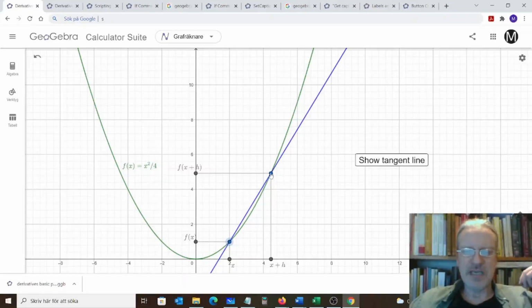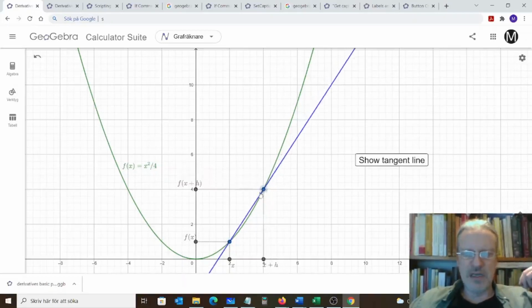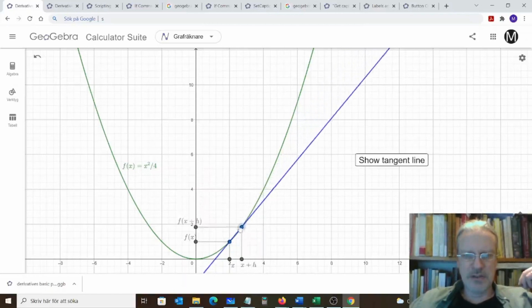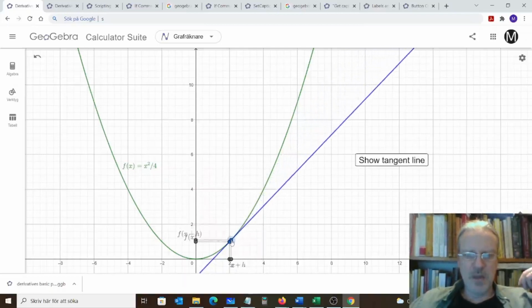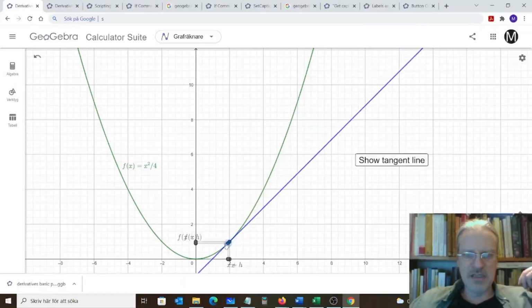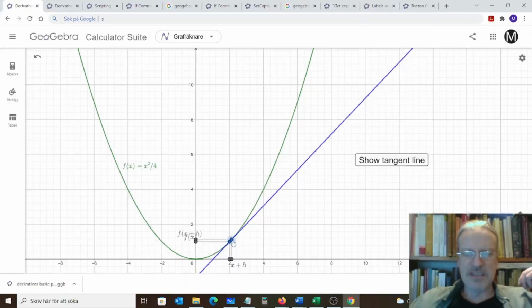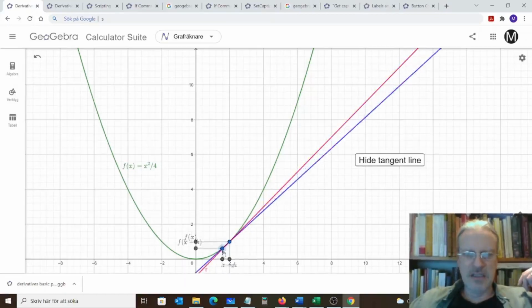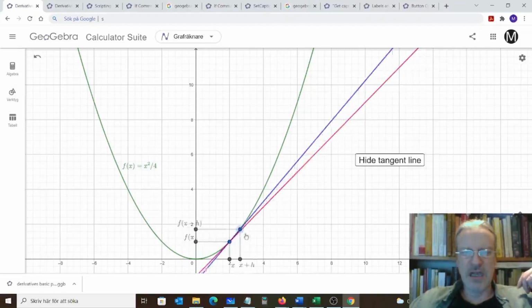Now take the second point and move that closer and closer to the first point. We can see that this secant we have gets closer and closer to something that we call the tangent line. The tangent line is the line that just touches the curve at that point.